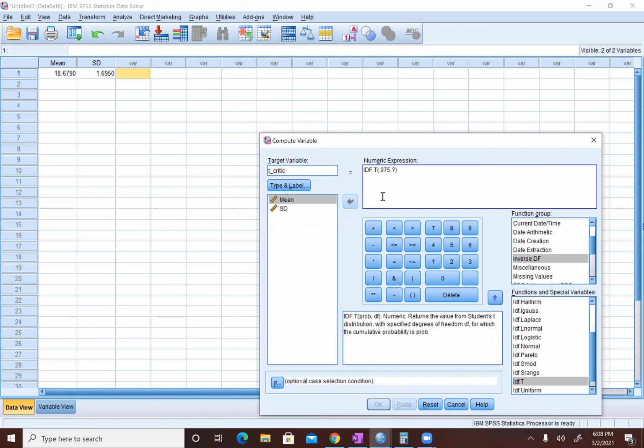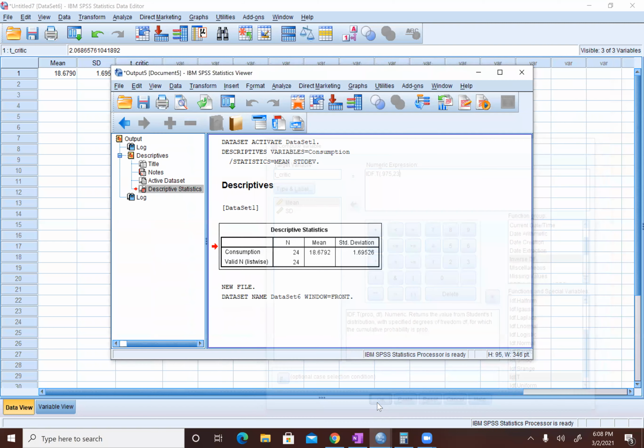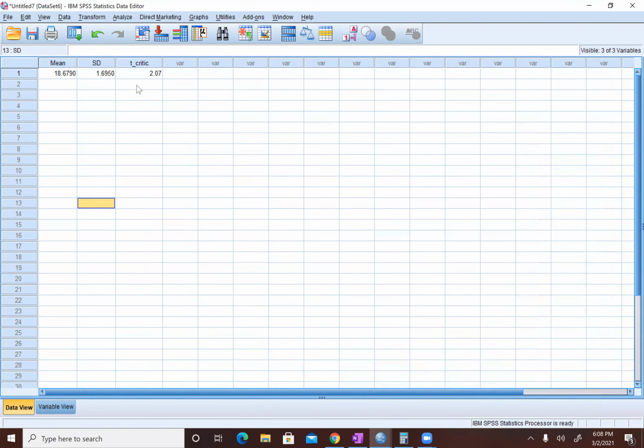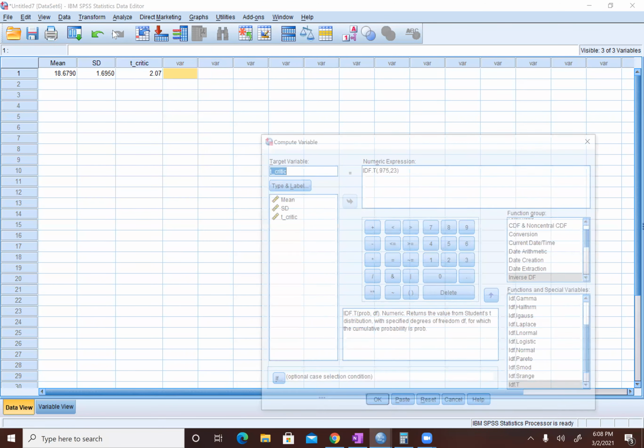Degrees of freedom are 23. So the T critical is 2.47. And I can finish my calculation of margin of error by again going here.